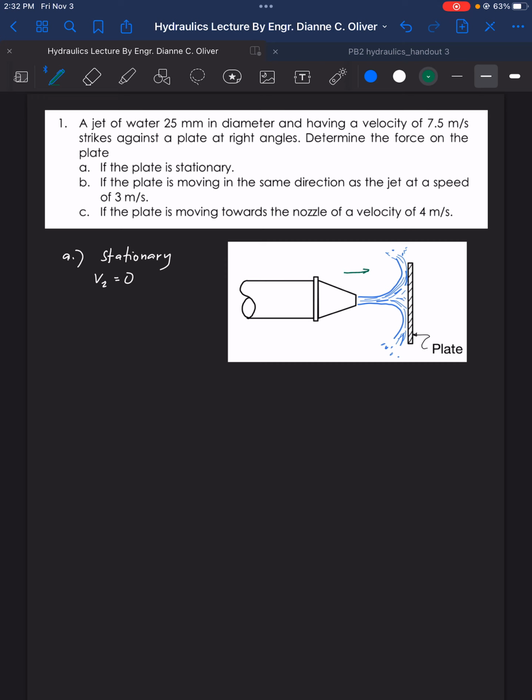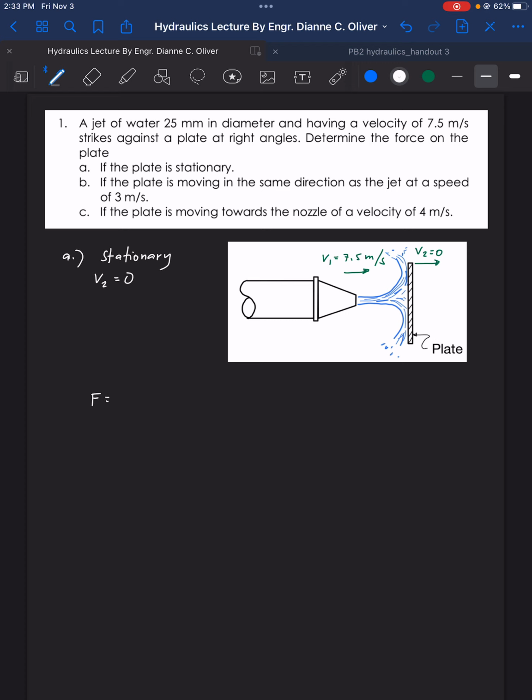So our V1, it says here, the jet of water has a velocity of 7.5 meter per second. So V1 here is 7.5 meter per second. And the plate V2 is equal to 0. So determine the force. So F, we will use the formula here.